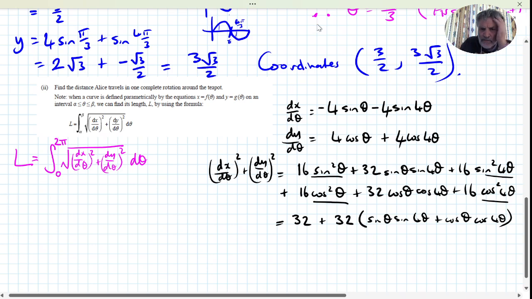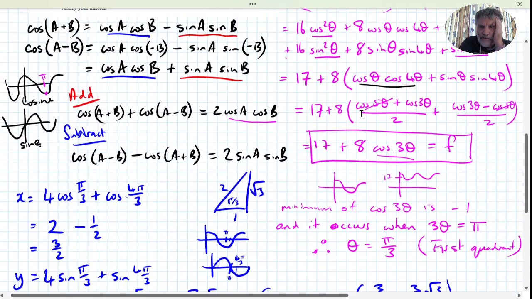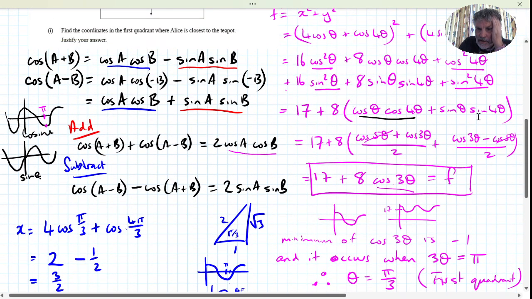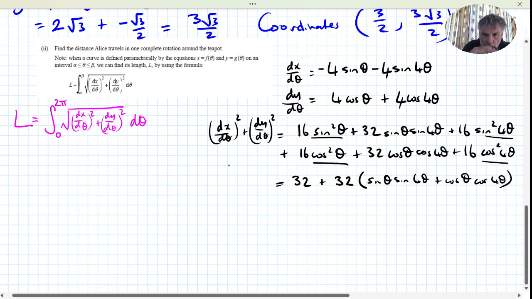And that's identical to what we've already calculated up here. When you add them together, you end up with just cosine 3 theta. So we can write this as 32 plus 32 cosine 3 theta.